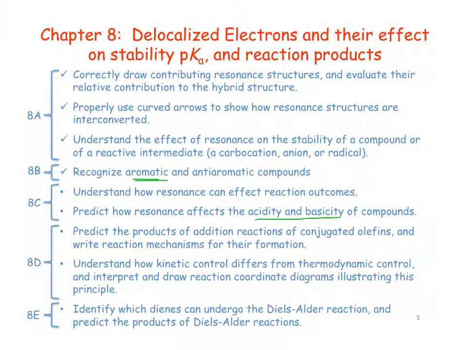And then we looked at the addition to conjugated olefins, and we saw that we could get two different kinds: kinetic control and thermodynamic control. In this final one, we learned about the Diels-Alder reaction. We're able to make really pretty complicated molecules in a simple single reaction. All right, there we go.